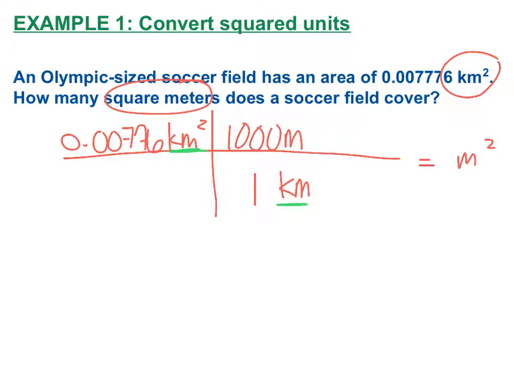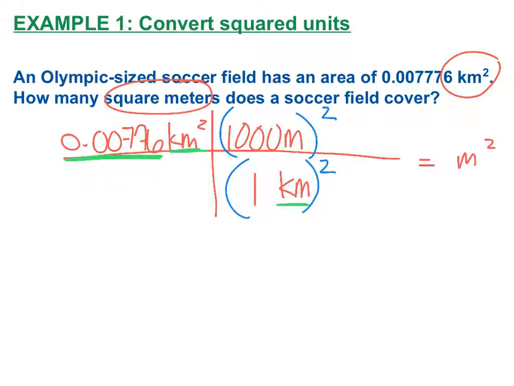But to square it, we can't just square the units. We have to square the whole thing, and whatever we do to the bottom, we have to do to the top to keep it equal. We also know that we have to have meters squared in the end. Now, be careful. This number right here is already an area, so we're not squaring that number. It's already squared.